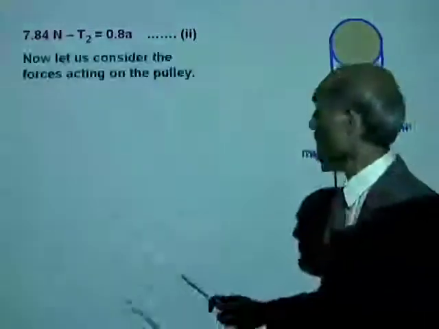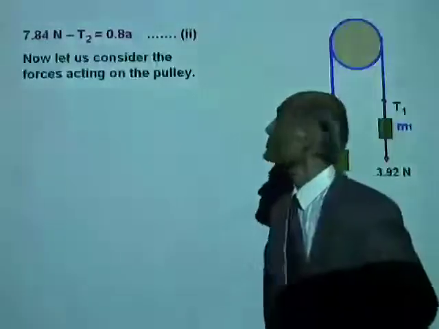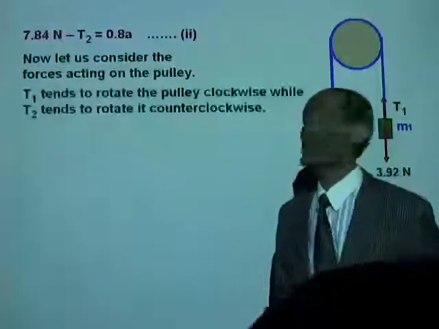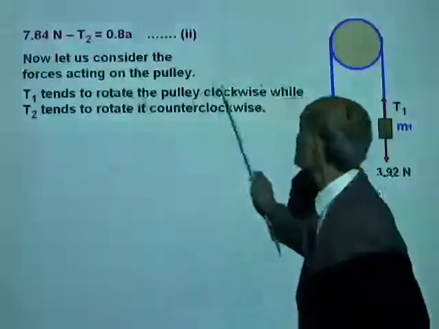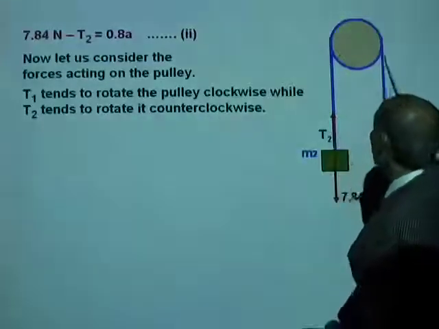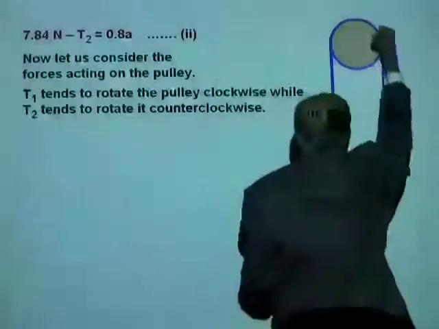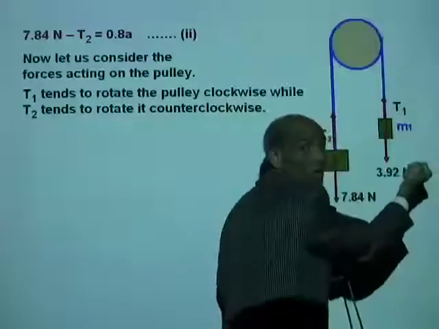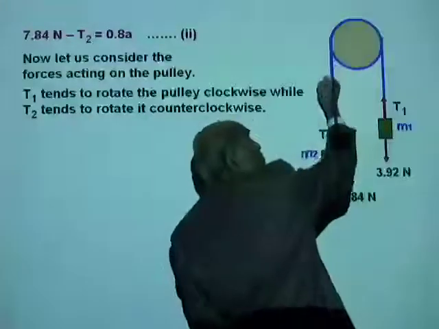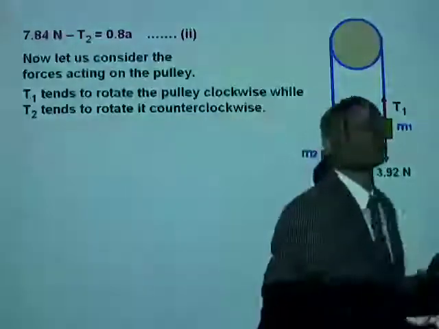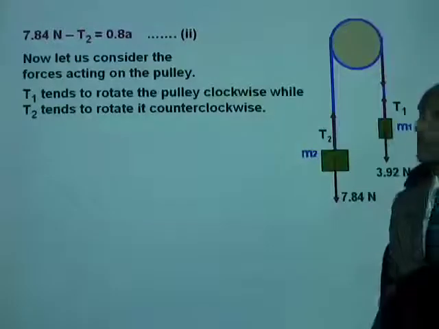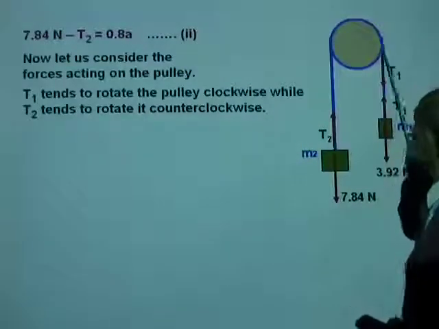Okay. Now, let's consider the forces acting on the pulley. T1 tends to rotate the pulley clockwise. You understand that? This T1 will be trying to rotate the pulley clockwise, whereas T2 will be rotating the pulley in the counterclockwise direction. There you are.